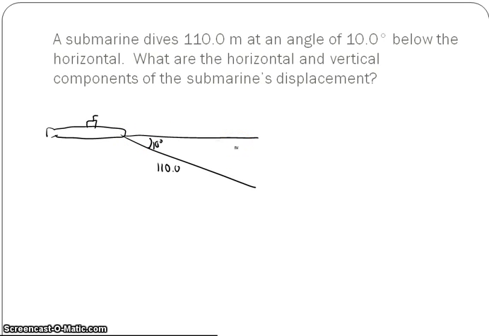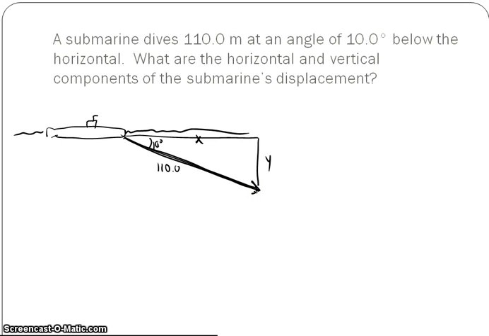So here's my water, and we're going to dive, and we're looking for the horizontal and vertical components. I'll call the vertical component y and the horizontal component x. And this is my vector that I'm going down at that level.